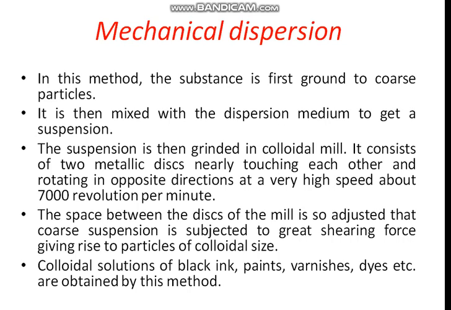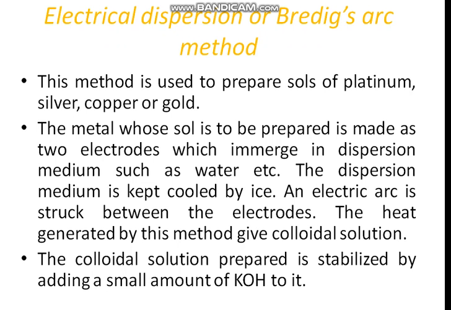If the space where the material is placed for grinding is very small, then the machine will exert a lot of force on the particles so that they can be converted easily into colloidal ones. Colloidal solutions of black ink, paint, varnishes, dyes, etc. are obtained by this method.